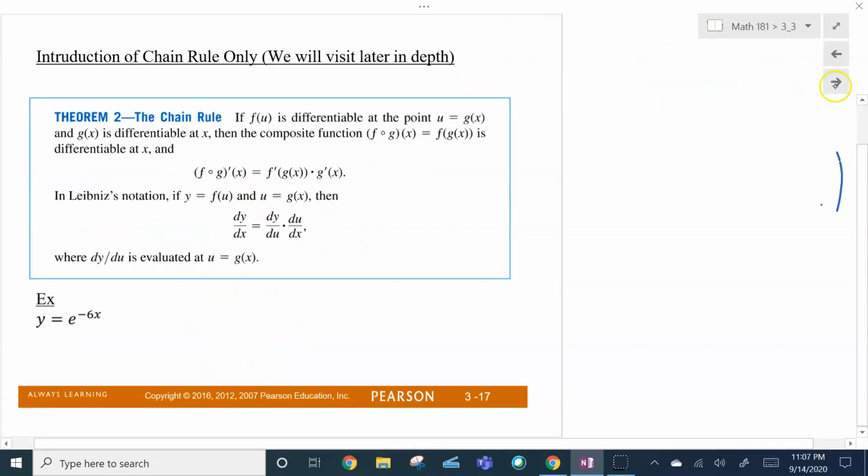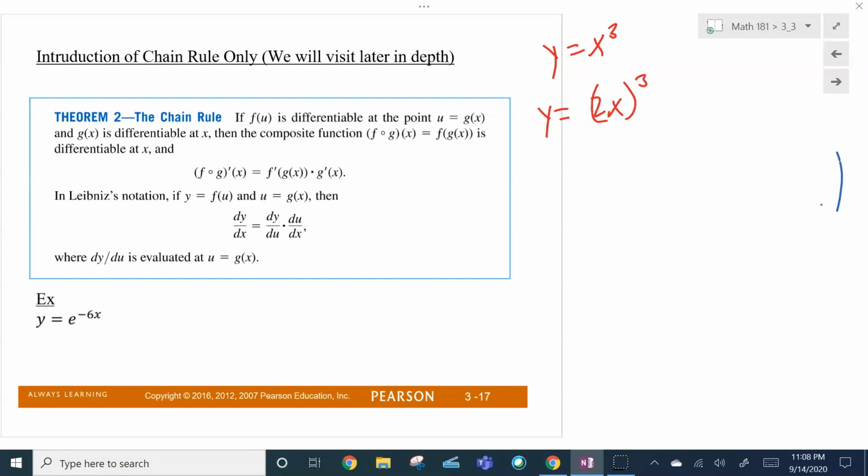All right, I'm going to do a quick little chain rule, just an introduction. We're actually going to visit this later in more depth, okay? But if you have a composite function, let me give you an example. Instead of just x cubed, we know that derivative is 3x squared. What if it was a composite like 2x quantity cubed?